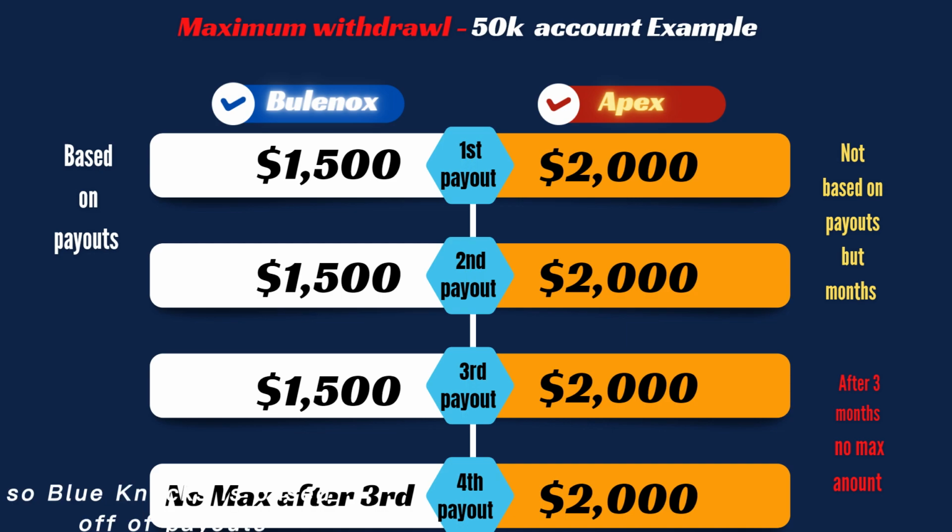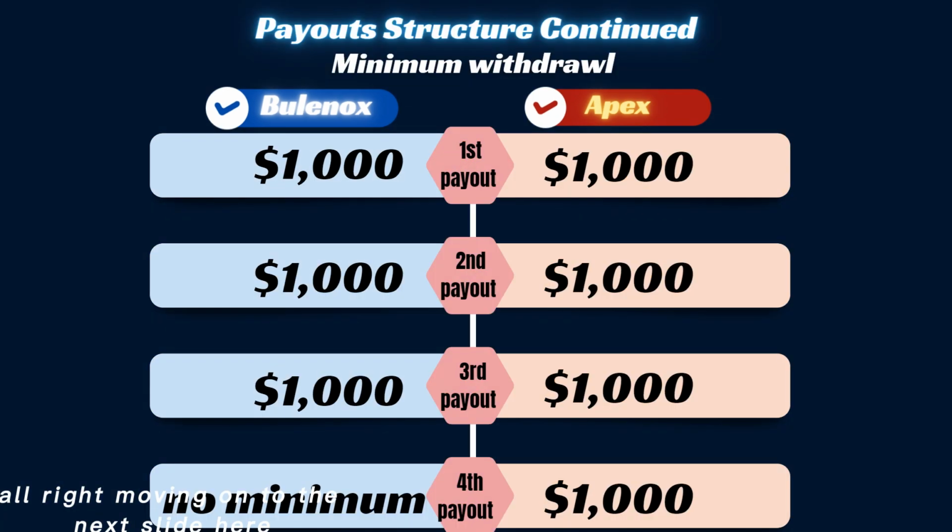The difference here, I'll say it again: Bulenox is based off of payouts, so you get 2 payouts a month, and Apex is based off of months. So you're looking at 8 payouts before you can get the max amount. But still, $2,000 can change your life. That's a fact. All right, moving on to the next slide here.